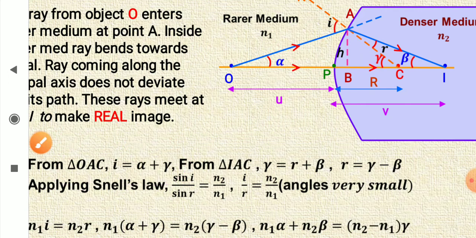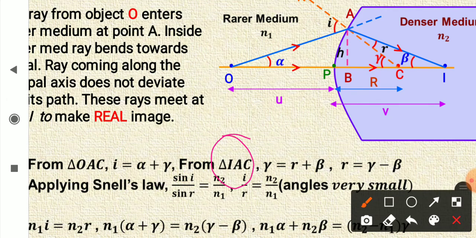Similarly, from triangle IAC, this triangle, look at it. Now here in this triangle, if I extend this line, then this gamma is the exterior angle and R and beta are the interior opposite angles.